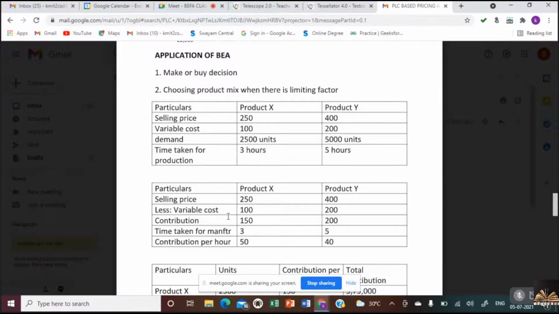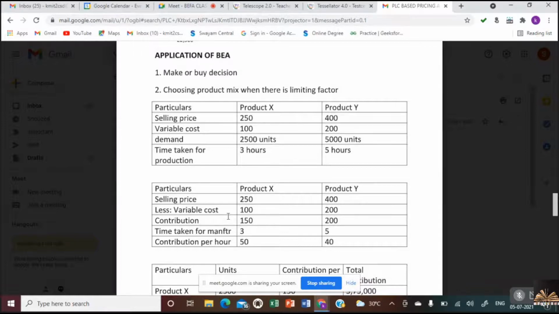Is it clear for you all? How did you get the contribution? Every data is given in the question. You calculate selling price minus variable cost, isn't it? So you got contribution for product X as 150, product Y as 200.